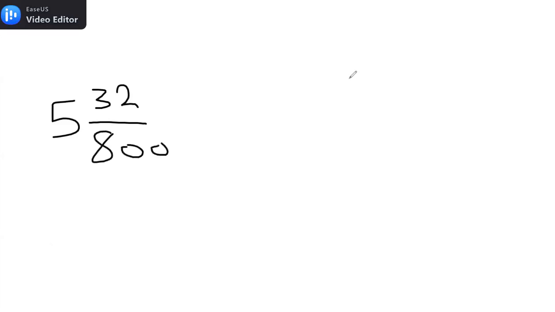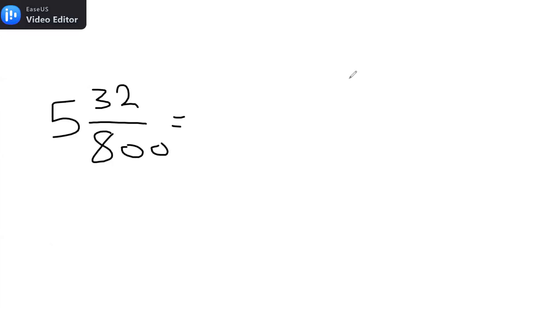Another example. 5 and 32 over 800. And we want to write it in the form of a mixed number.